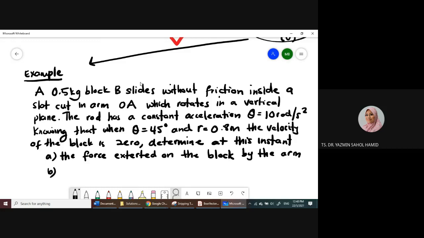B, the relative acceleration of the block with respect to the arm.